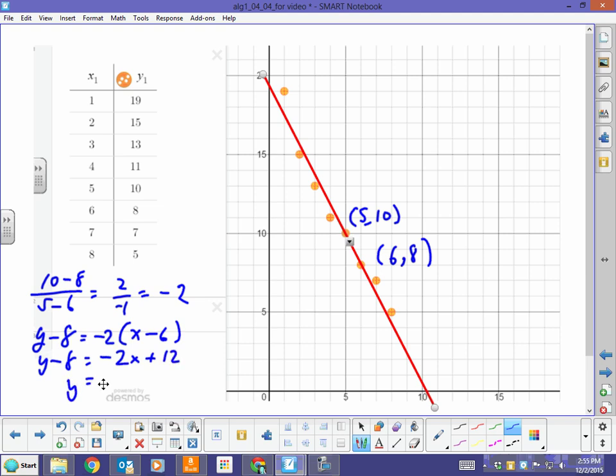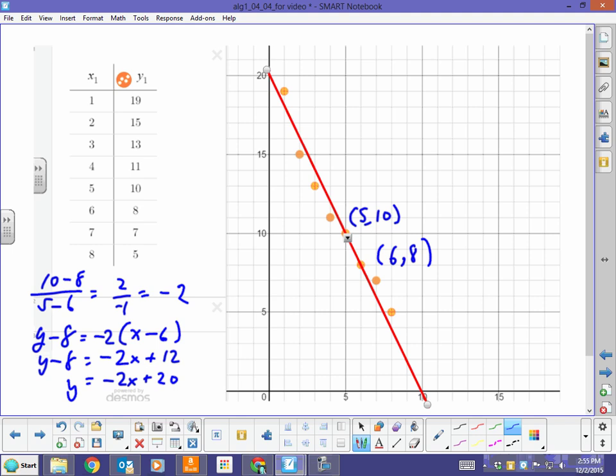And if I add 8 to 12, I get 20. So even though it doesn't look like I'm going through 20 here, and that's the thing about these lines of fit, they're all going to vary a little bit based on how you draw your line of fit.